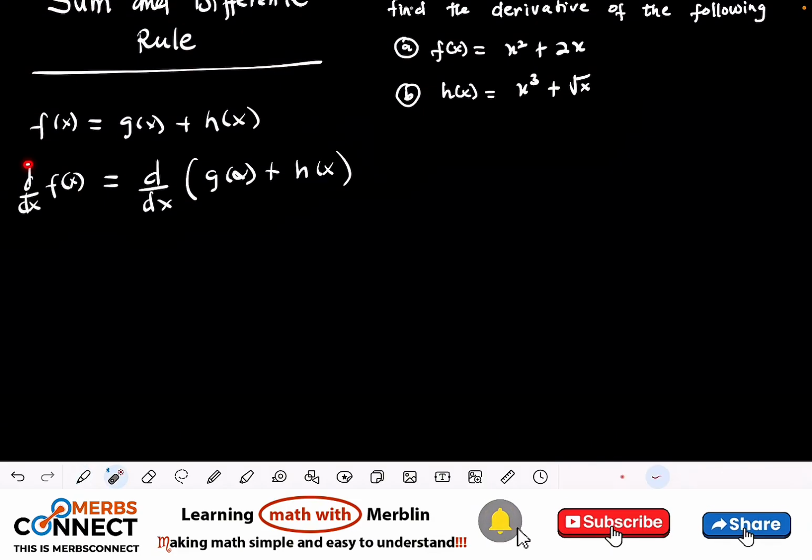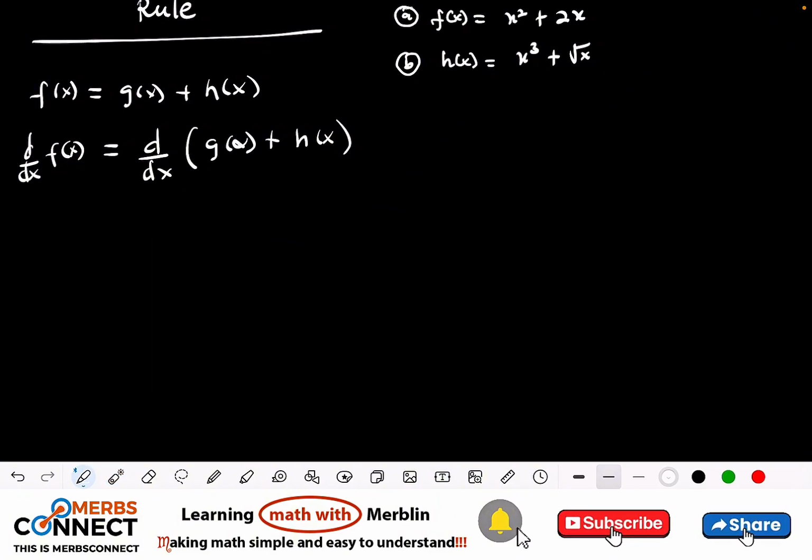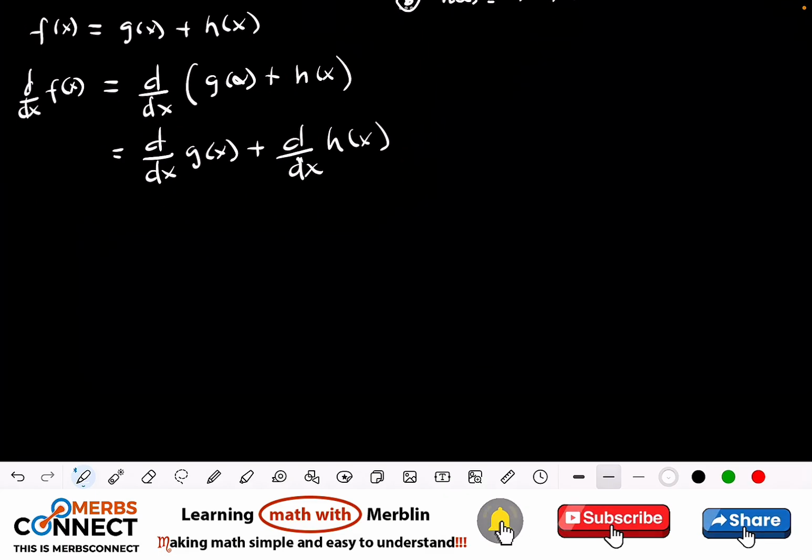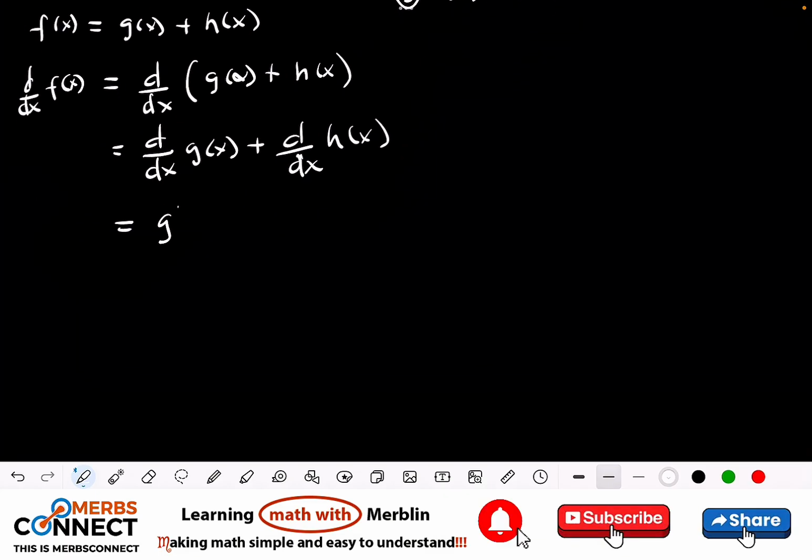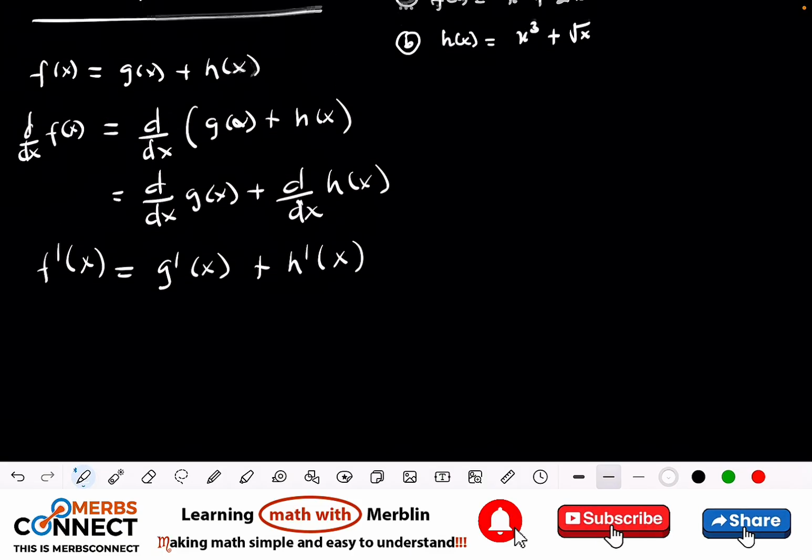So I take the derivative on both sides. I take d over dx on the left and then on the right. The sum rule says that I can just distribute the d over dx on the functions, right? Good. And then when I differentiate g of x, I'll have g prime of x plus h prime of x. And this is going to give us f prime of x.